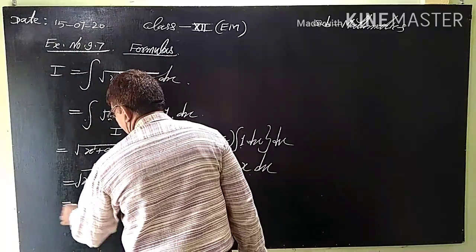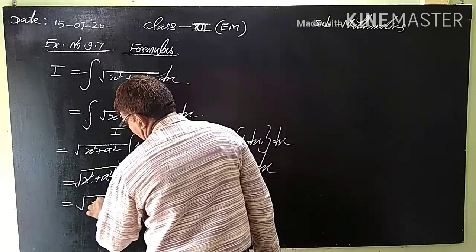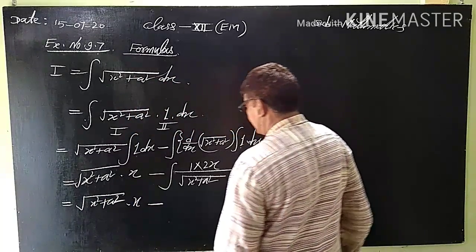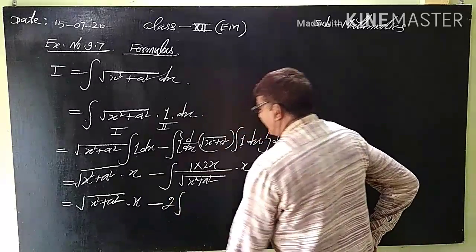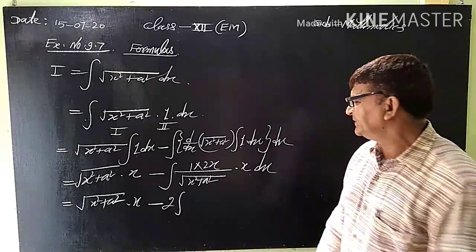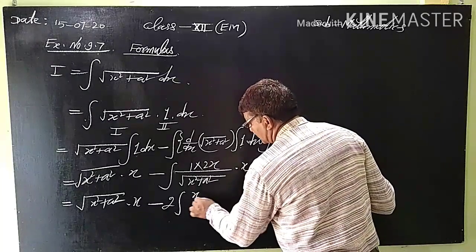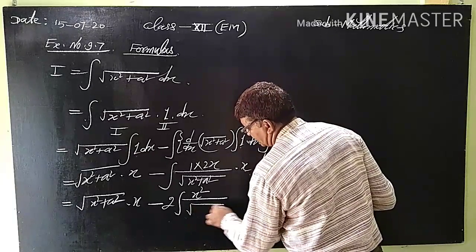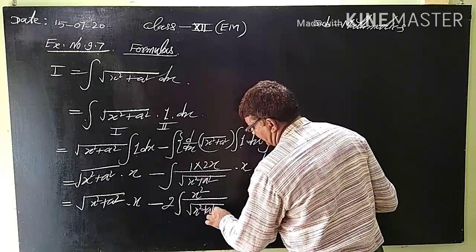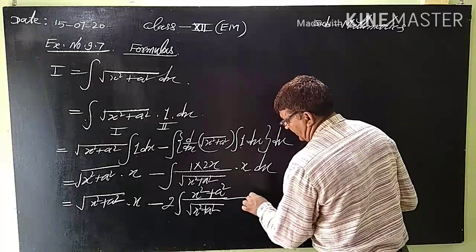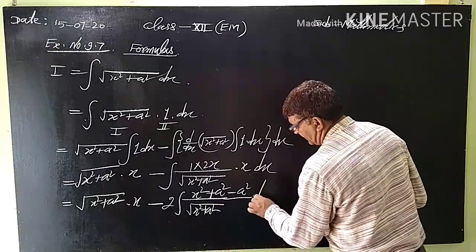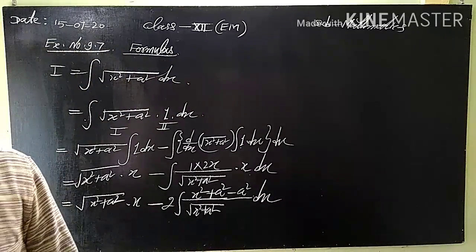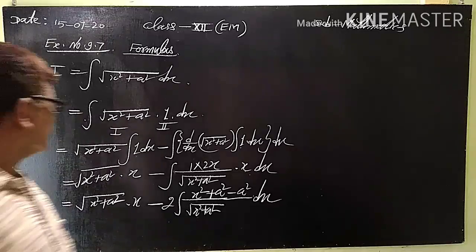Next, it is equal to under root x square plus a square into x minus 2, which can be taken outside of the integration because it is constant, and it makes x square when multiplied, upon x square plus a square. A square can be added and subtracted in the numerator so that it can be changed into standard form.